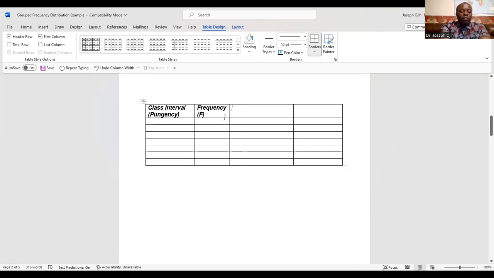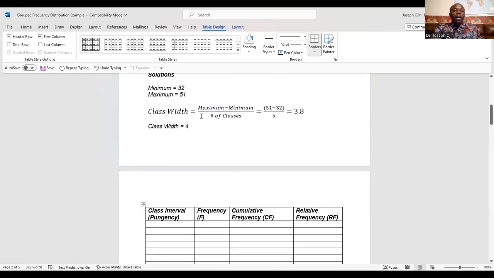Then next is the cumulative frequency, which is our CF. Then we need the relative frequency, which is our RF.